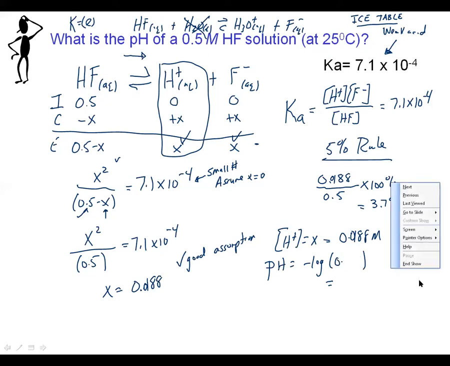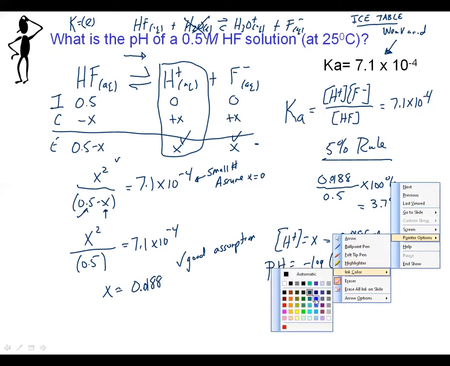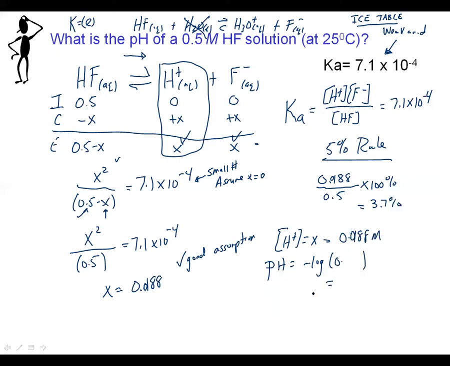So again, x in this case is 0.0188, and that gives us 0.188. This number is still right because that is what I put in. I just forgot to write the zero there. So when we do that, that then gives us the correct pH for 0.0188, which is 1.72, 1.75.